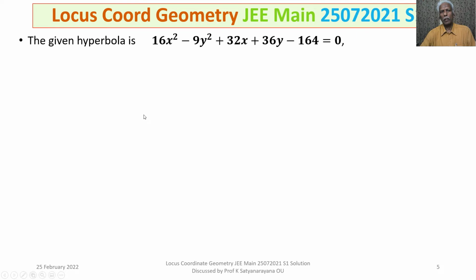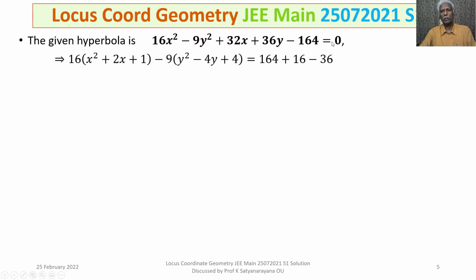The given hyperbola is 16x square minus 9y square plus 32x plus 36y minus 164 is equal to 0. We want to write this equation in the standard form. To do that, we have written 16 into x square plus 2x plus 1. So 16x square plus 32x, up to that it is balanced, and in brackets what we have written is a perfect square, minus 9 times y square minus 4y plus 4.